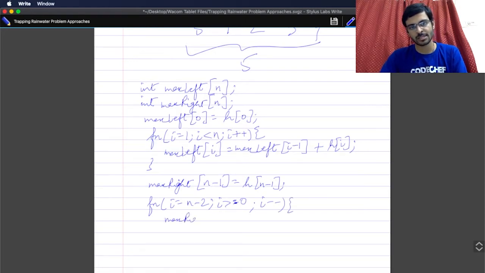This is the only thing that I mentioned. Max right i will be equal to max right i plus 1. Okay, I found out the summation.